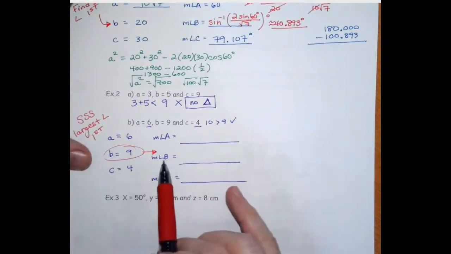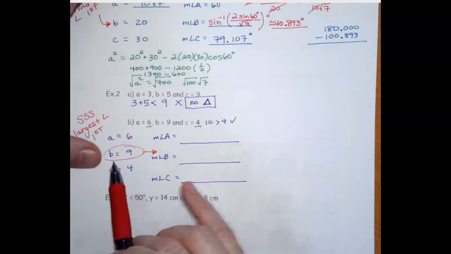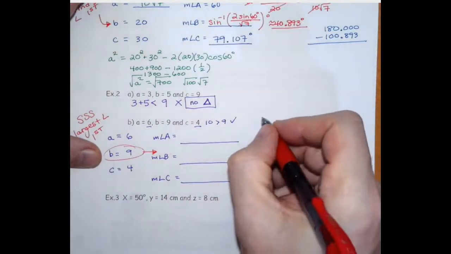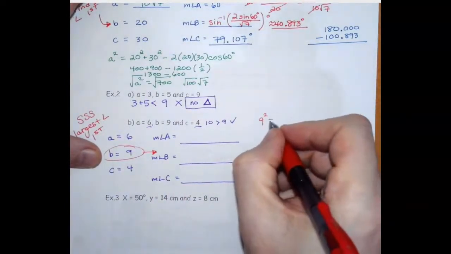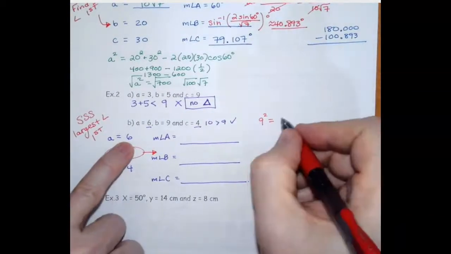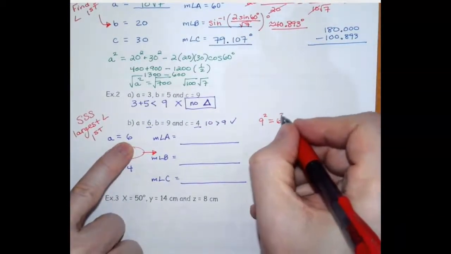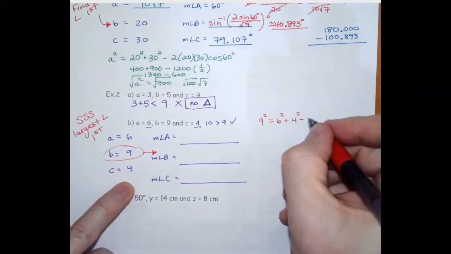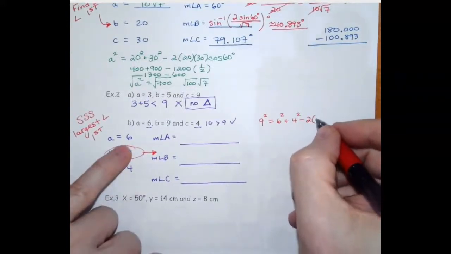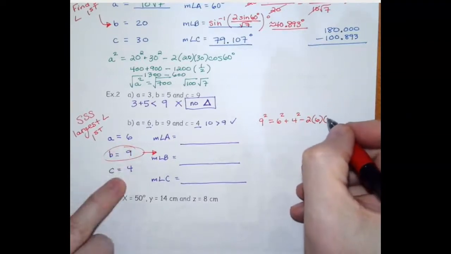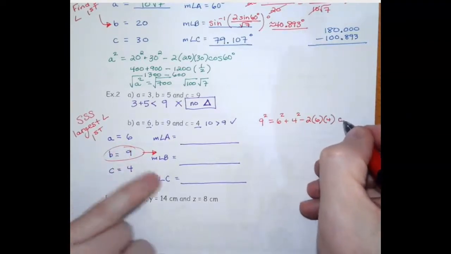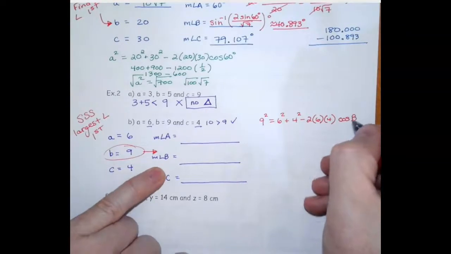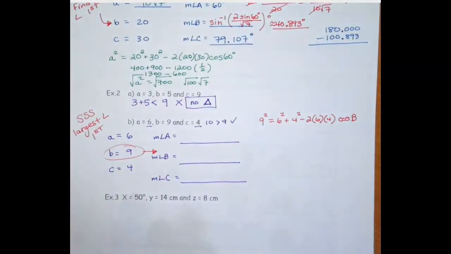And since we're trying to find angle B, that means we want to start with the formula that starts with side B. So that's going to be B squared equals A squared plus C squared minus 2AC and then cosine of B. Okay, so we're just filling in the formula up there.